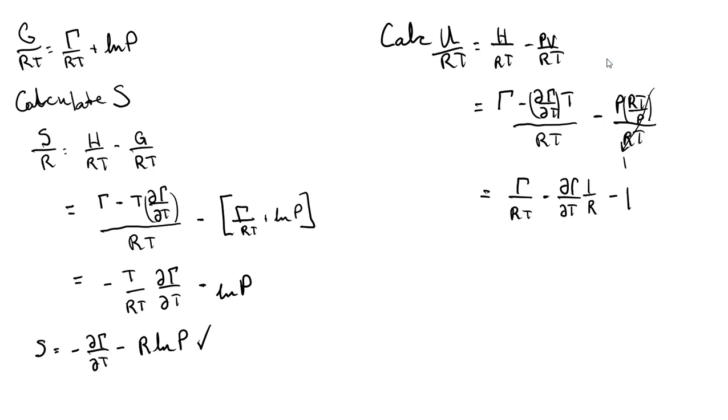And so if we want to multiply through by RT, internal energy is a function of gamma, so this RT is going to cancel out. This will be minus, and my gammas are not perfect every time. Hopefully you can figure that out. The R is going to cancel, be left with T, and then minus RT. That's our equation for internal energy.